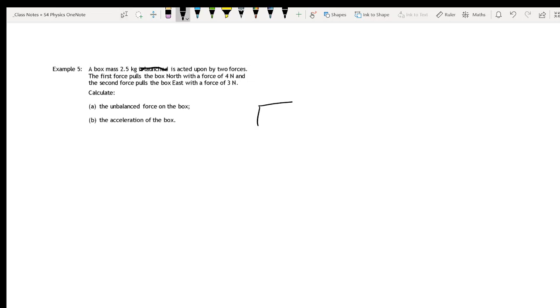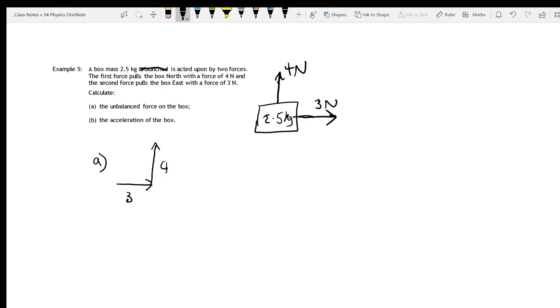So we've got this box of 2.5 kilograms, a force north of 4 newtons, and a force east of 3 newtons. To find the unbalanced force, if we do tip to tail arrows, we want to find this unbalanced force.